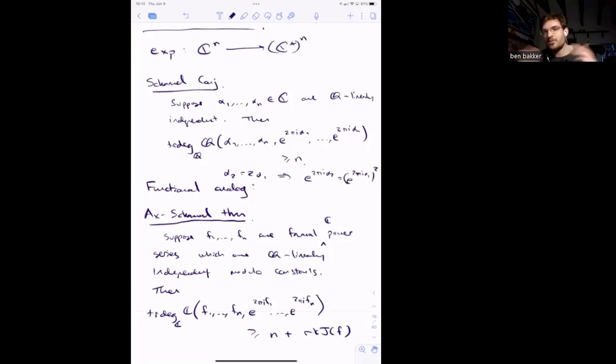Okay, and so that would be an example that contradicts this theorem if I just plug in some random alpha 1 and take alpha 2 to be 2 times alpha 1, because this is one kind of algebraic relation that taking exponentials respects. In other words, it's an algebraic relation which gets sent to another algebraic relation when we exponentiate.